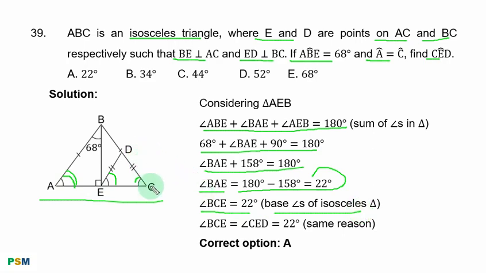Triangle CDE is also another triangle that is isosceles. For that reason, the base angles are also equal. Therefore, angle BCE is equal to angle CED, and that is 22 degrees. The correct option is A.